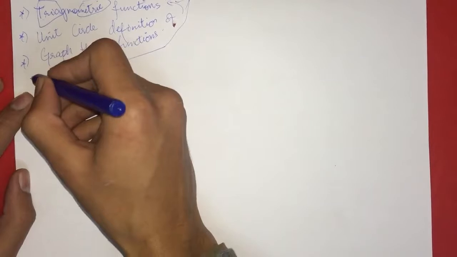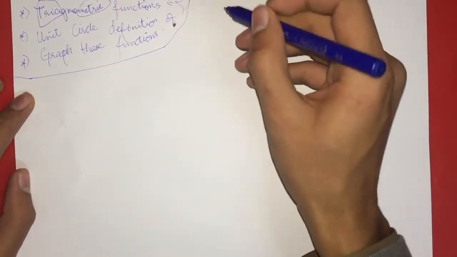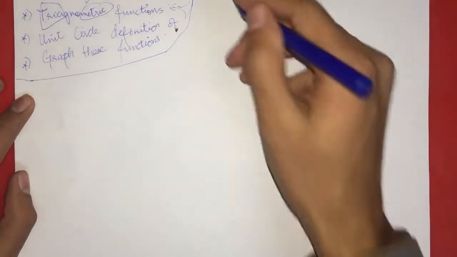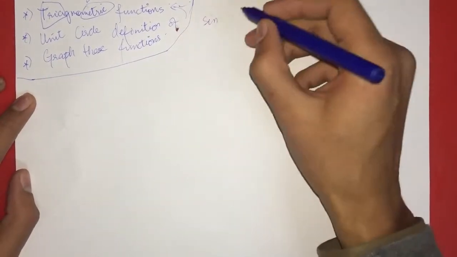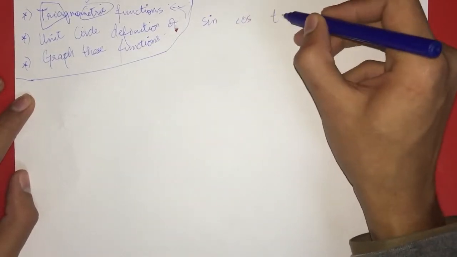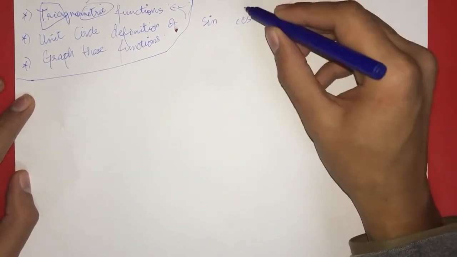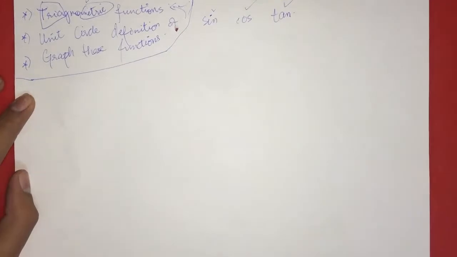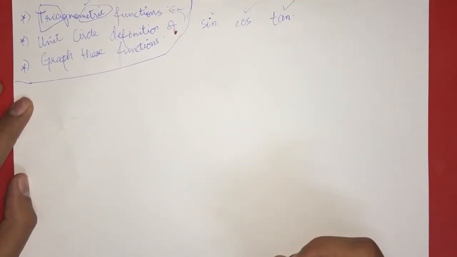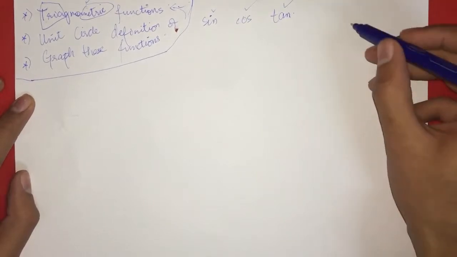So we have three basic trigonometric functions: we have sine, we have cosine, cos, we have tangent, tan. These are the three basic trigonometric functions of the ratios of the sides of the triangle.